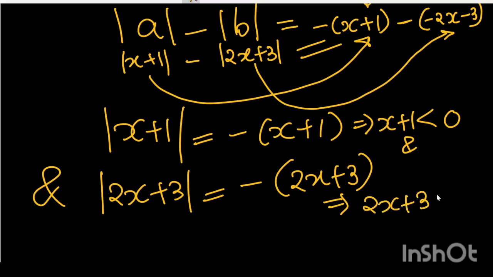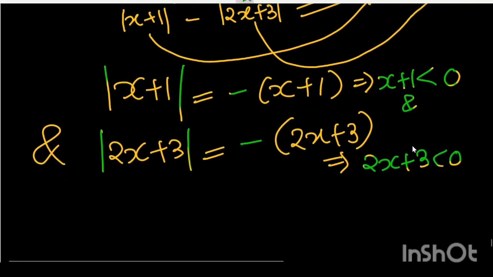From the definition of modulus, after removing the vertical bars we get a negative sign, here also the same. So x plus 1 should be negative and 2x plus 3 should be negative. We will take the intersection of these two, which would be the final answer, guys.